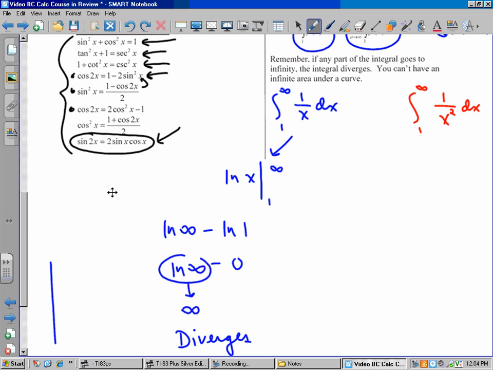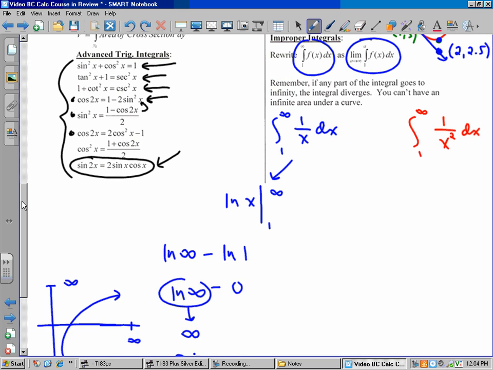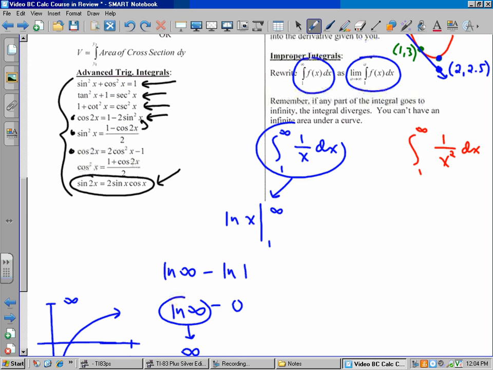When you go out to infinity, that y value keeps getting bigger and bigger. So we would not be able to nail down the area under this curve, so we say that this integral diverges. You know that that's the harmonic series when we get to series, right?